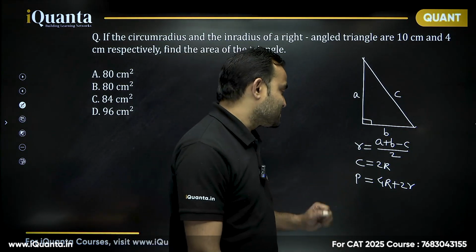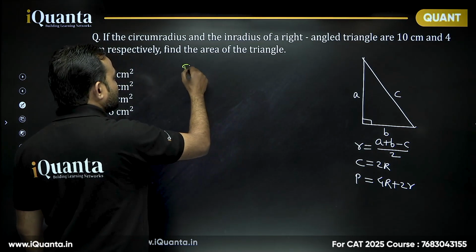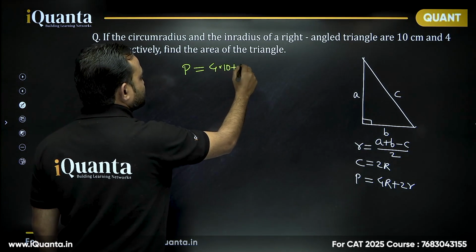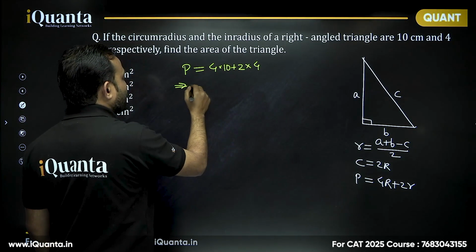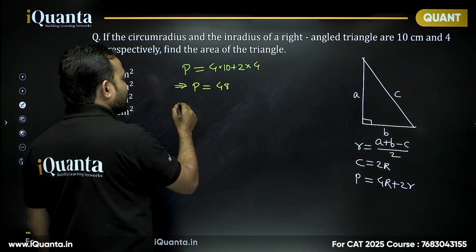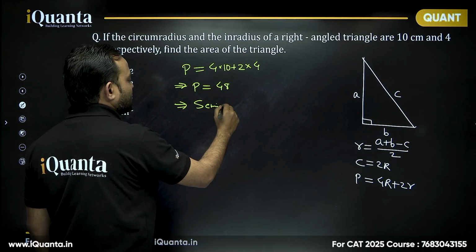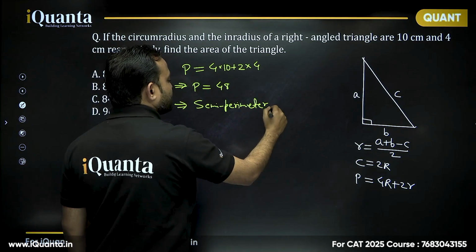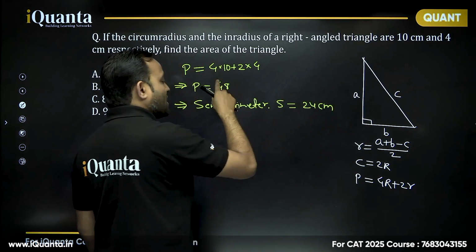Now using this, we can say what will be the perimeter of this triangle. Perimeter is equal to 4 into 10 plus 2 into 4, or perimeter is equal to 40 plus 8, 48. And if we try to find semi-perimeter, which is denoted by S, then semi-perimeter S will be equal to 24 centimeter, half of 48.